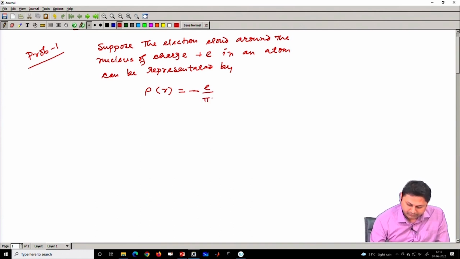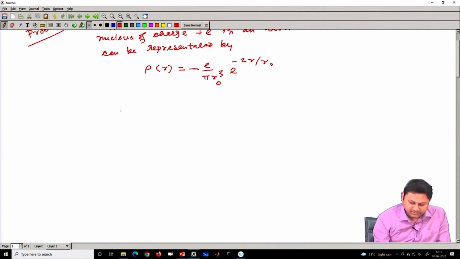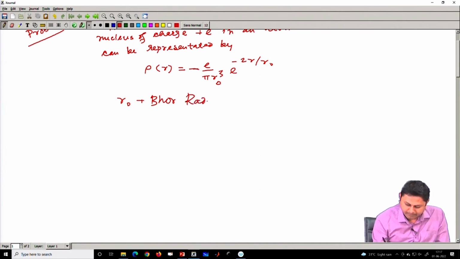Rho equals minus e divided by pi r naught cubed, times e to the power of minus 2r by r naught, where r naught is the Bohr radius.